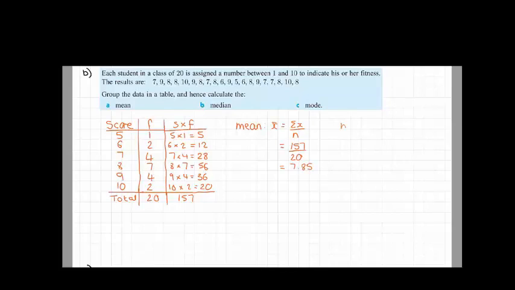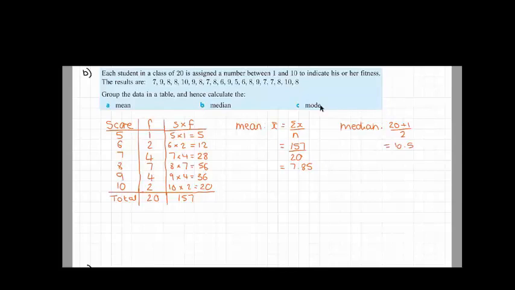When we have a median and a frequency table, we need to work out the position first. So we've got 20 points, so we need to do the 20 plus 1 divided by 2, which will give us the 10.5 position. So you've got two ways. You can start from the top, start from the bottom of the table, but you just need to find where 10.5 is.